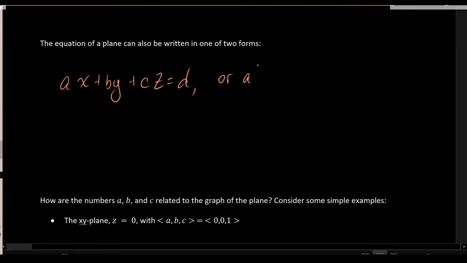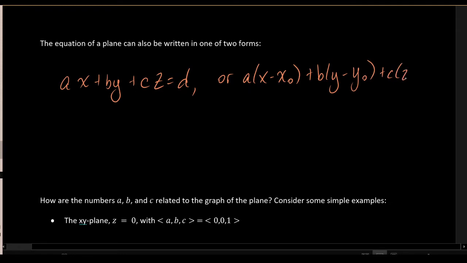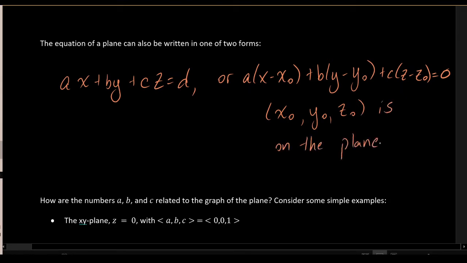or we can write a number times x minus some initial x, a number times y minus some initial y, a number times z minus some initial z equals 0. In the second case, the point x naught, y naught, z naught is on the plane in the same way x naught, y naught was on the line in the previous page.